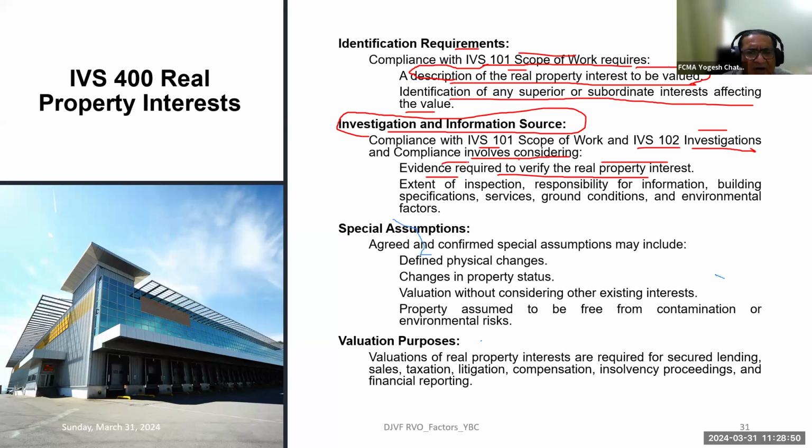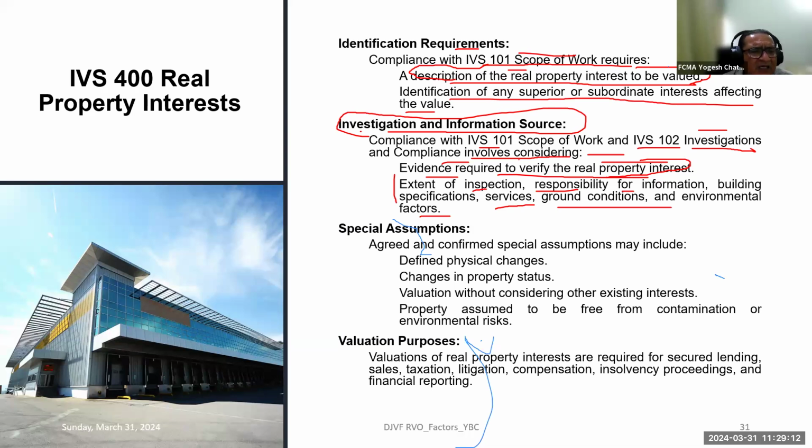So, evidence required to verify the real property interest. Leasehold is one of the real property interests, and extent of inspection, responsibility for information, building specification, services, ground condition, and environmental factors will be covered under due diligence.